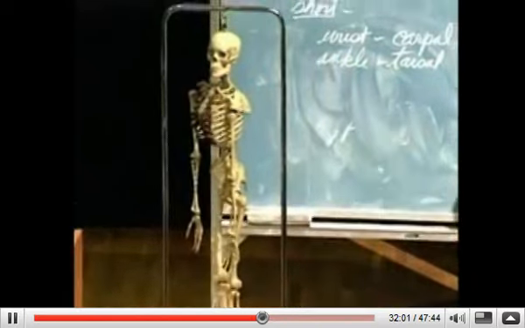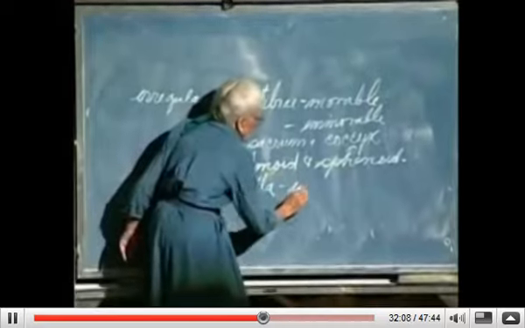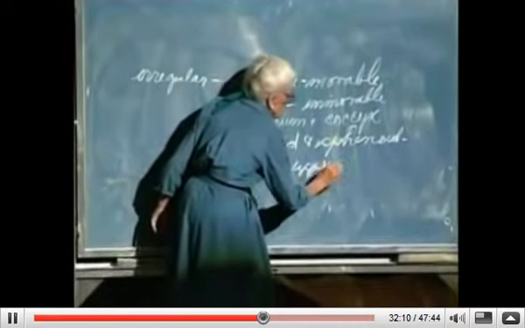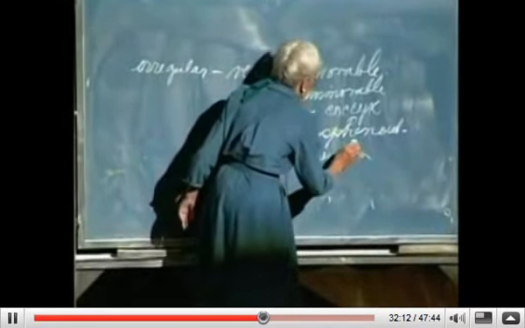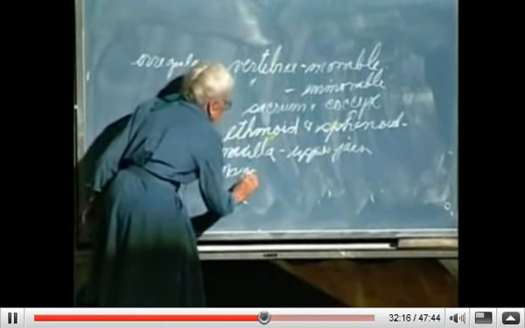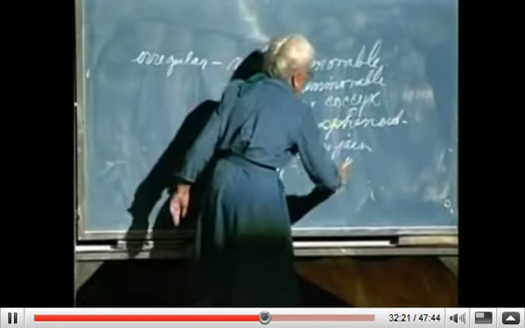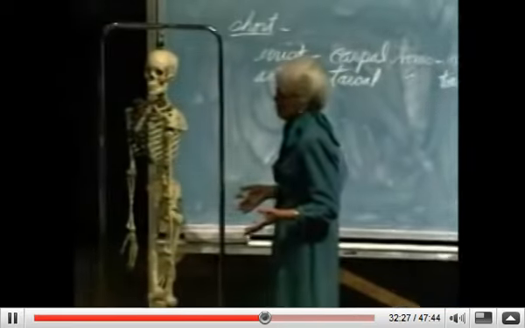So we have the maxilla, that's upper jaw, and lower jaw, mandible. Irregular bones. There will be more. I'm giving examples at the moment.